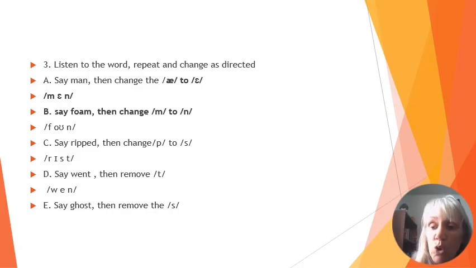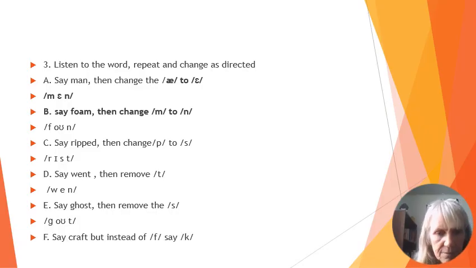Say ghost. Then remove the s. Ghost without the s is goat. You can get milk from a goat. I think that's the last one, is it? Nope.